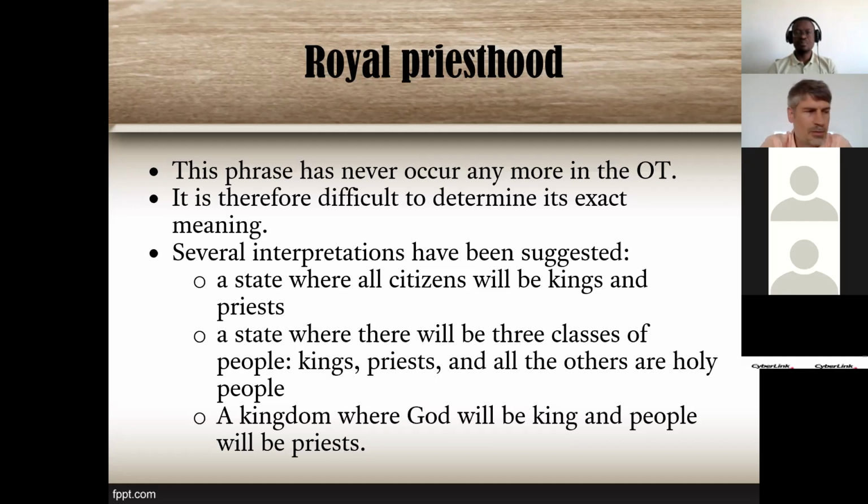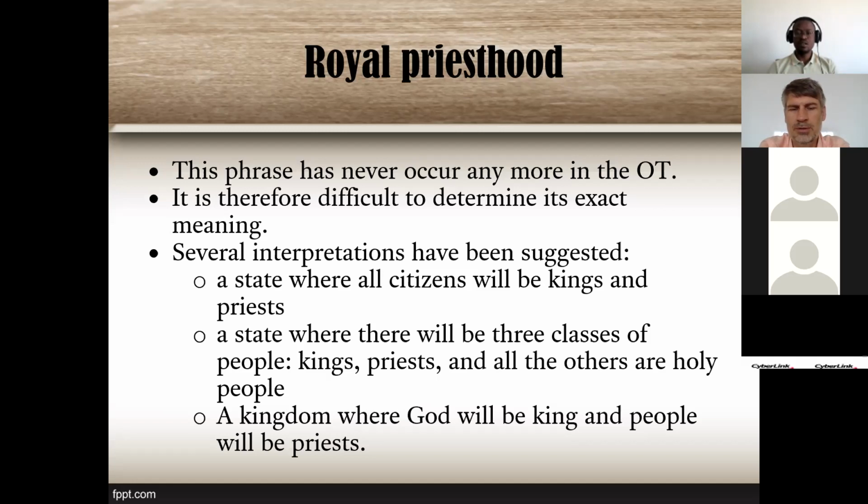So it seems like this is a priesthood that is both royal and a priesthood at the same time. And when we're looking at Jesus, who is the model for us, he is a priest after the order of Melchizedek, who was both a priest and a king at the same time.